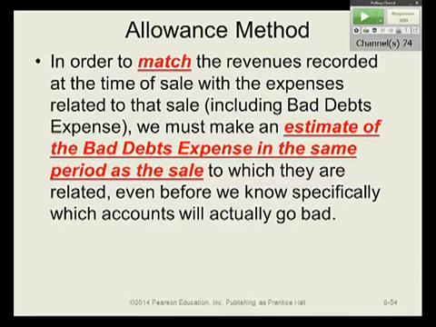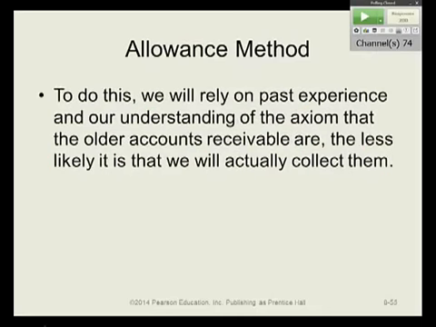Now, the allowance method, if we're going to use it and match cost with revenue, we have to come up with an estimate of a bad debt expense in the year of the sale. And that estimated bad debt expense is going to be based on experience. So we may know from past experience that 3% of our sales are not collected, 2% of our accounts receivable balances are not collected.